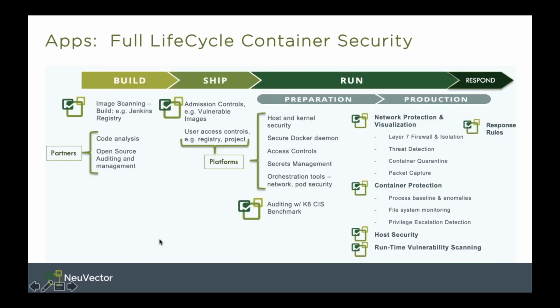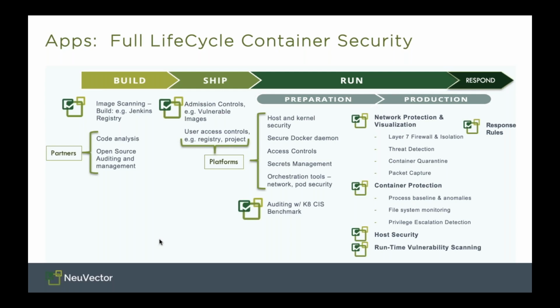So once your orchestration platform and your tools are deployed, then you can work on your application pipeline and taking a look at the full life cycle of your application workloads. So in the build, ship, and run framework, that often starts with building the images in the dev process.